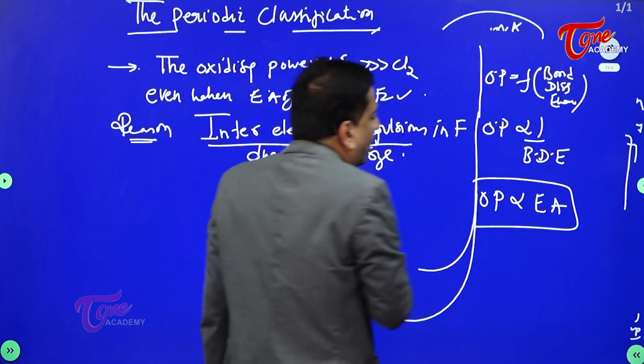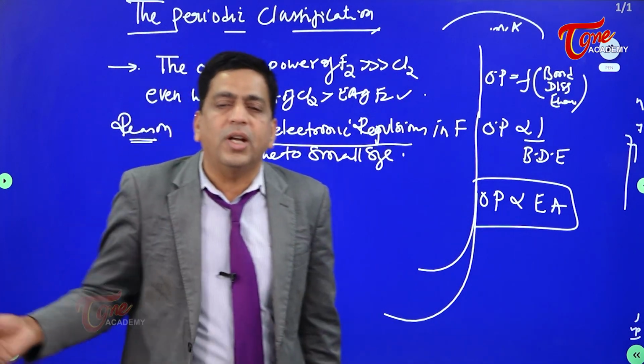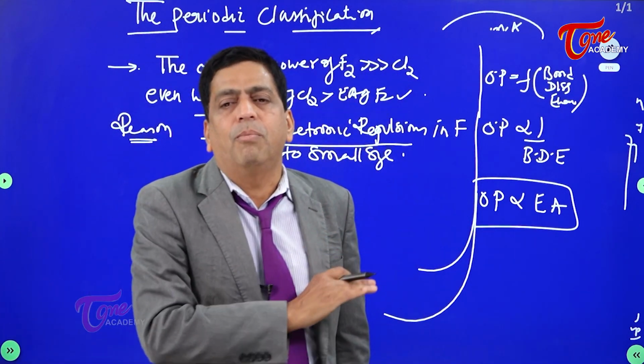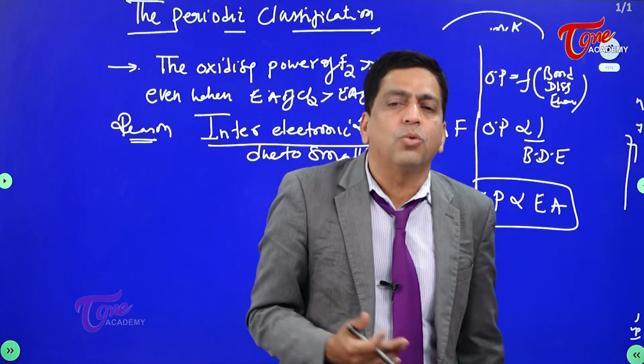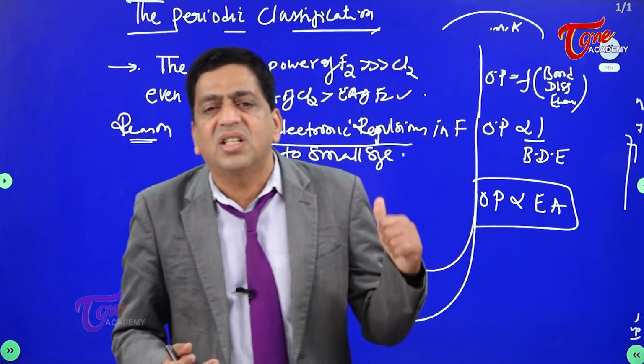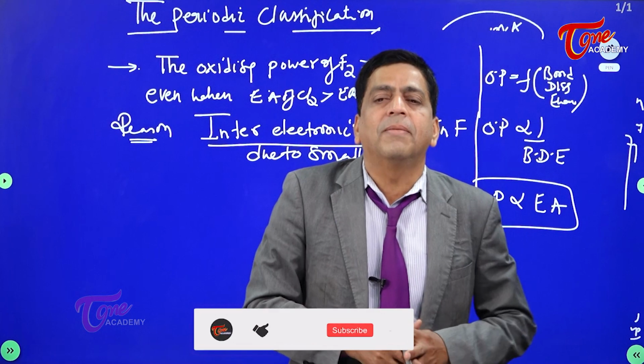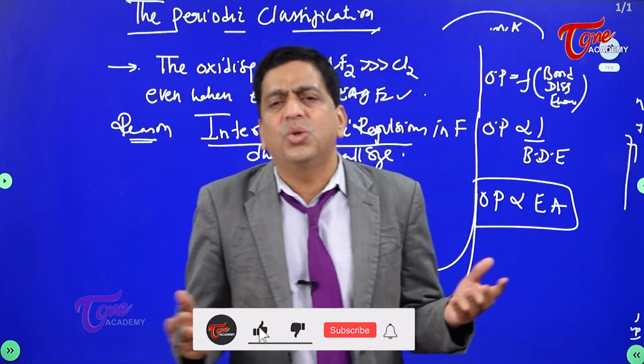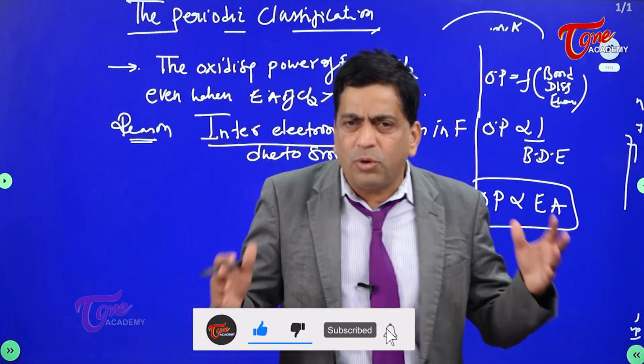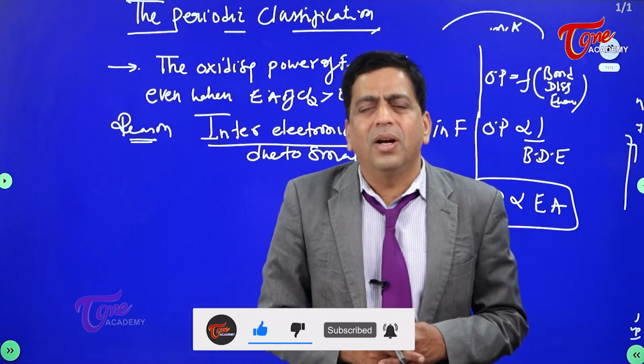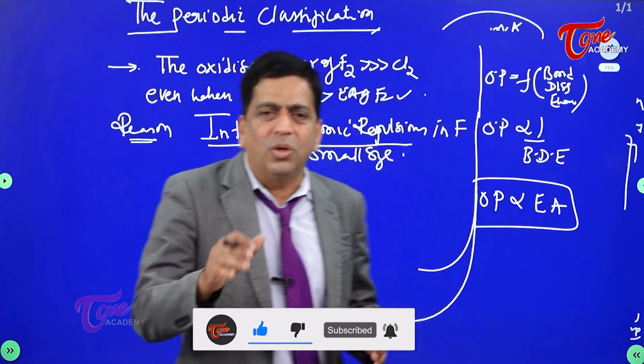More the electron affinity, more is the oxidizing power. Smaller the bond dissociation energy, more is the oxidizing power. In the first case, fluorine passes in distinction, and in the second case, fluorine passes just like that, but the overall values make fluorine a better oxidizing agent.